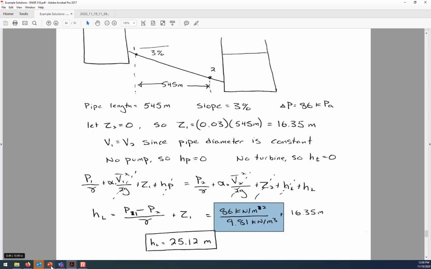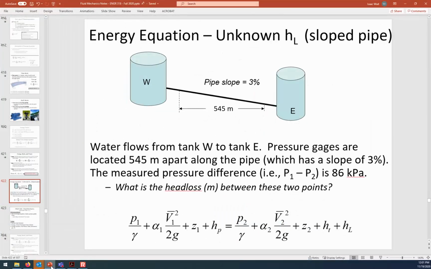So like if this was a horizontal pipe, then the pressure at 2 would be even lower than it is.